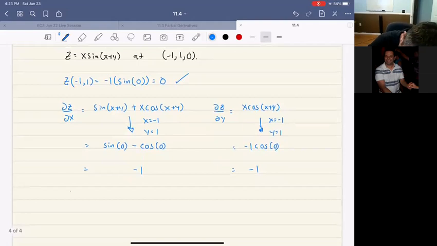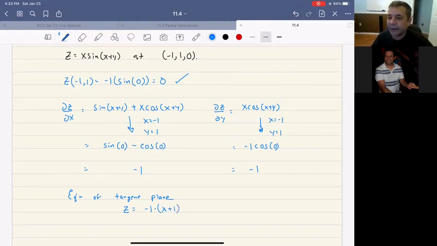Our equation of the tangent plane is z equals -1 times x plus 1, right?